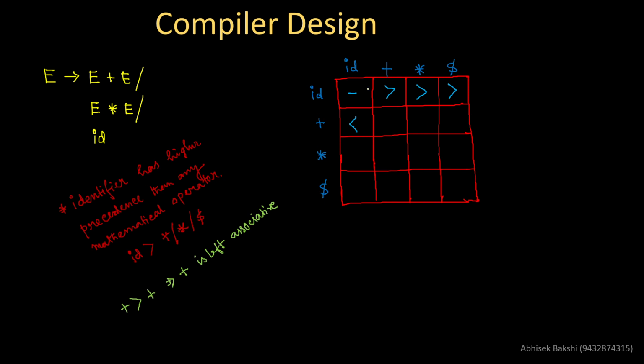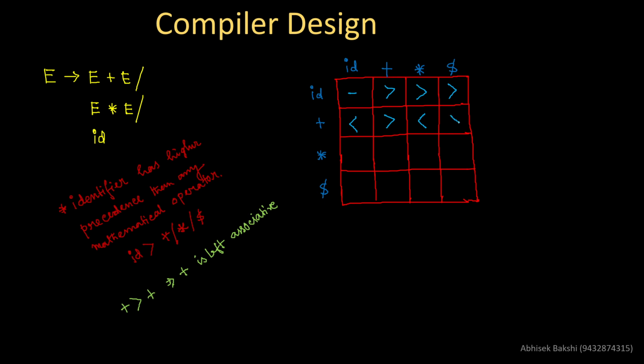Among these two pluses, you are giving priority to whichever is on the left side. That means plus is left associative. If you want plus to be right associative, then plus to plus should have a lesser than sign. In my case, I'm taking plus as left associative, so I'm giving plus is greater than plus. Obviously plus should be lesser than star, and plus should be greater than dollar.